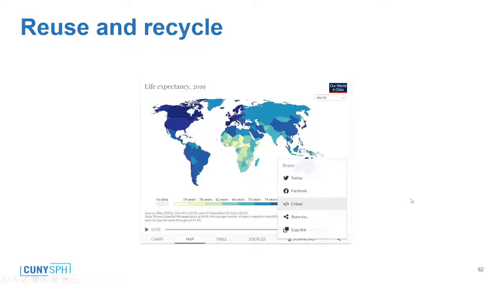This is a valid way of using and recycling, because we are just embedding, we are not copying and pasting. We are using the actual tool and its reference, and it is being pulled from the origin, they are just giving us the option to reuse and recycle.